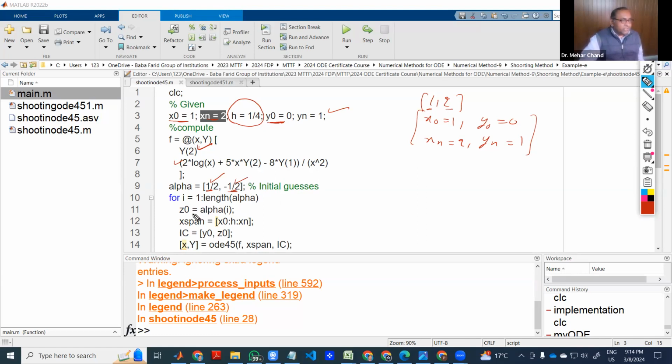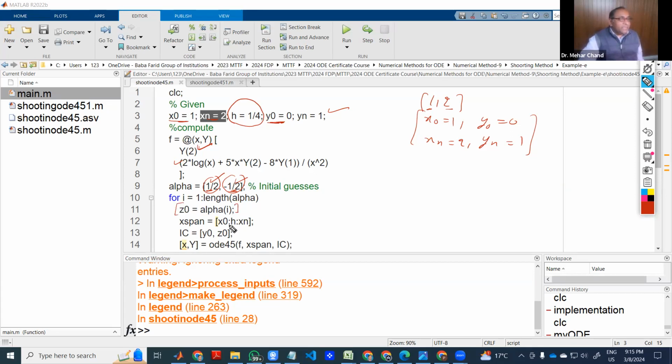So z naught will choose alpha(i, 1), which corresponds to 1 by 2, and then it will choose minus 1 by 2. And z is y dash, so this is the initialization of y dash.